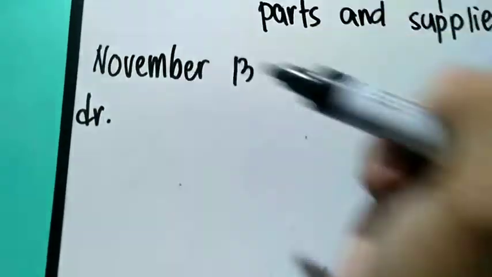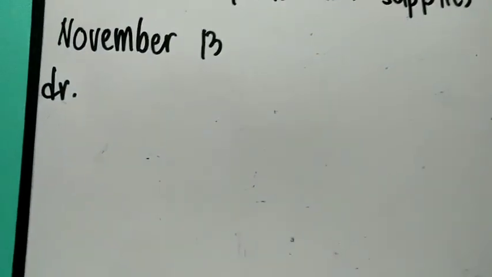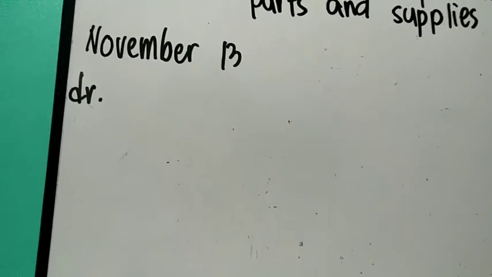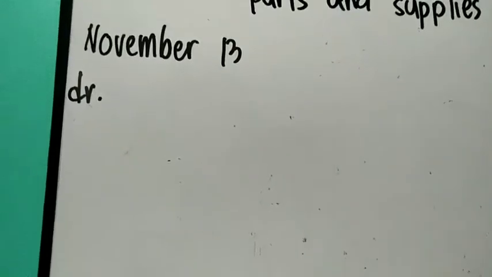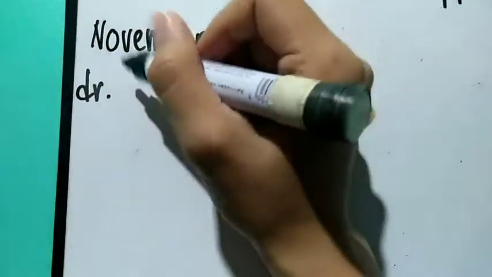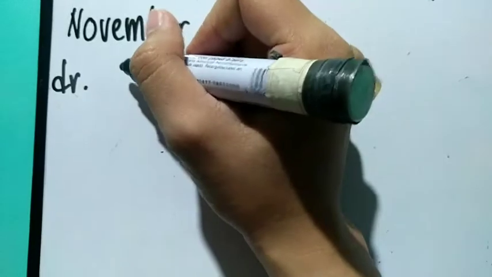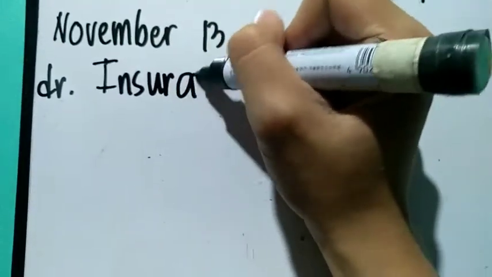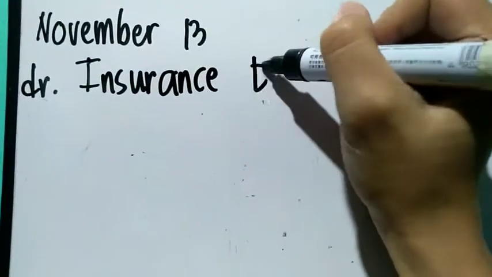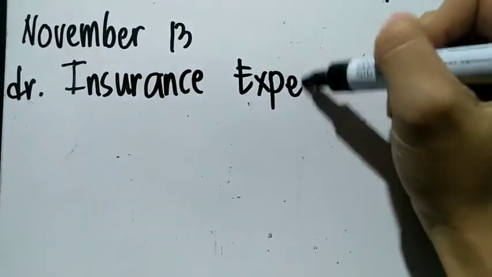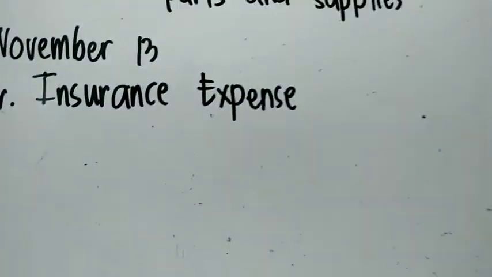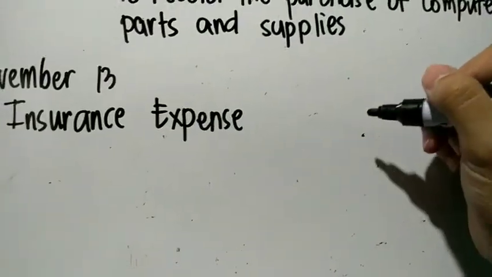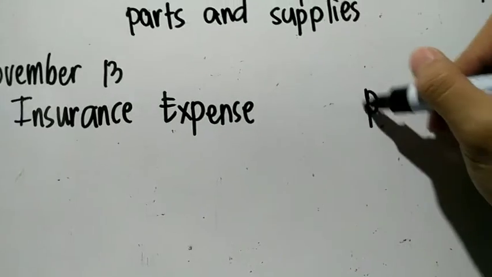So what is your debit? When you pay an amount for the insurance, what is that? It is an insurance expense. So your debit or your value received is insurance expense. Of how much? That is worth 5,000 pesos.